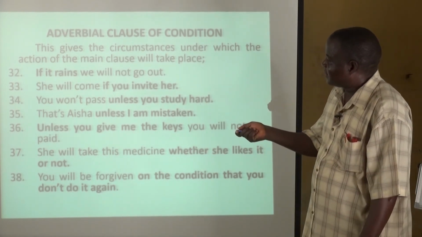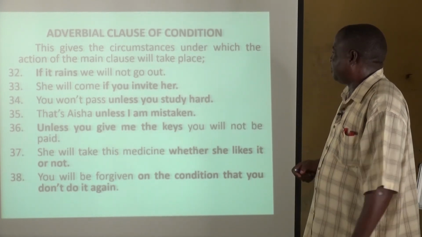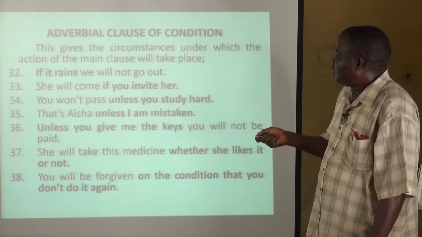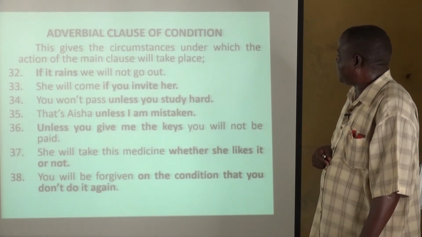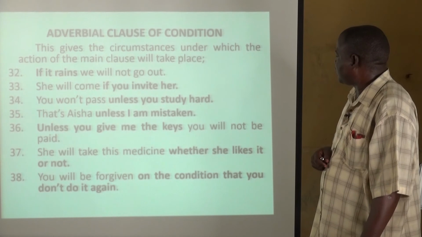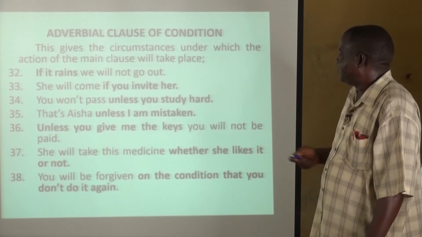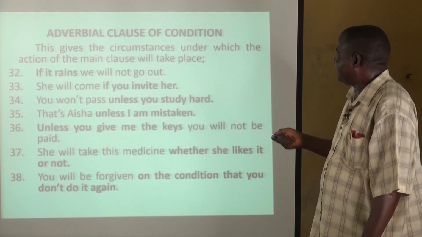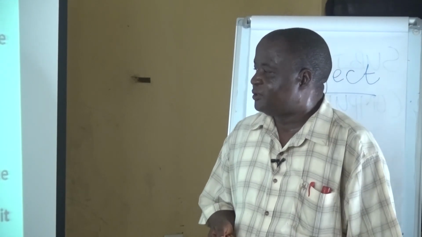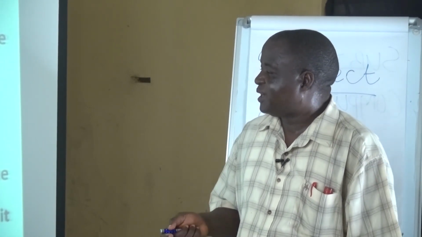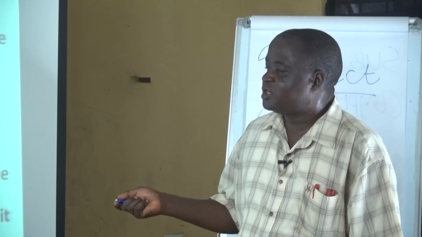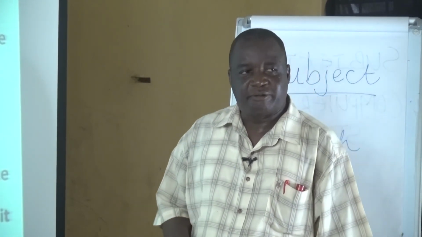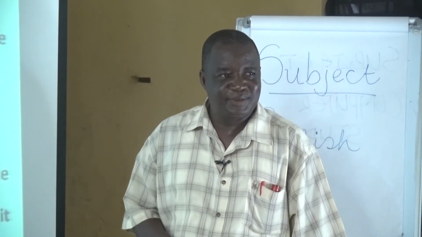So "that's" becomes our verb. 36. Unless you give me the keys, you will not be paid. "Unless you give me the keys" is our adverbial clause of condition, which modifies the verb "will not be paid."